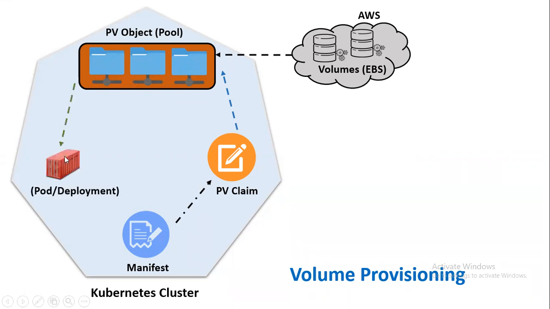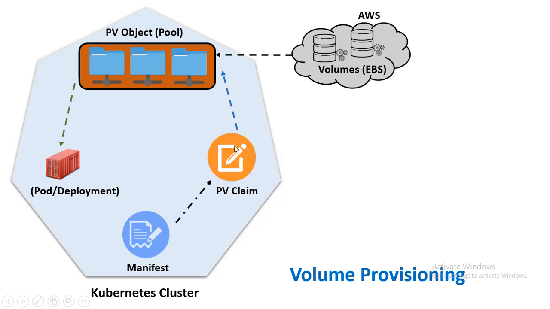For example, if I tell in my claim, I need a persistent volume to be mounted into some folder, and for that I need 1 GB of storage, the claim will check the pool of objects for which object has 1 GB storage.